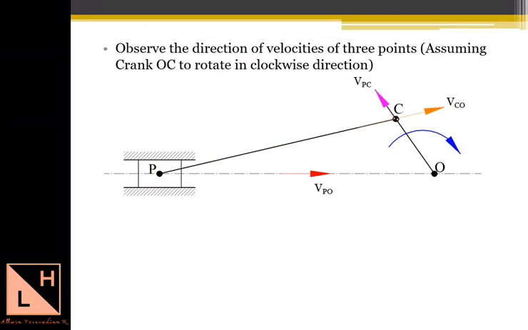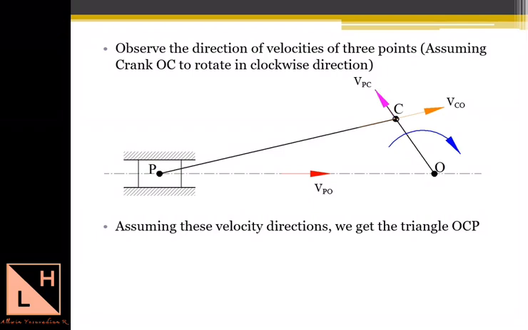And due to this movement, the connecting rod will be oscillating during the whole process, while P will be tracing a straight line motion on this horizontal axis and point C will be completely rotating. So if we take this consideration of connecting rod motion, we are going to get the velocity VPC in the upward direction. Once again, these directions of velocities are applicable only when we assume the crank to rotate in the clockwise direction.